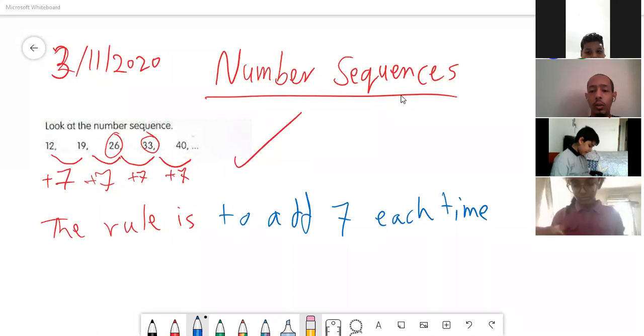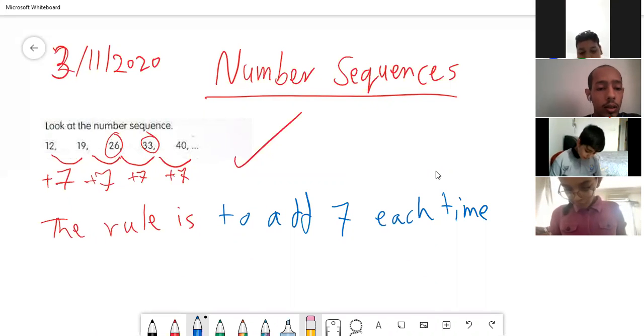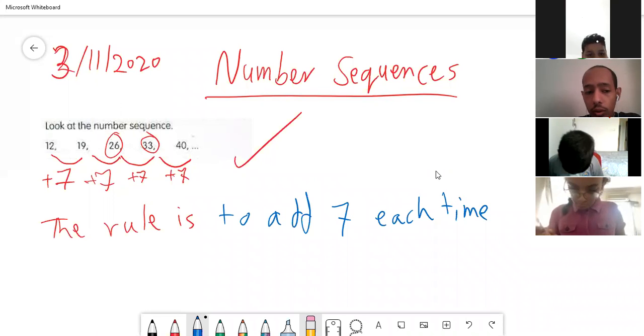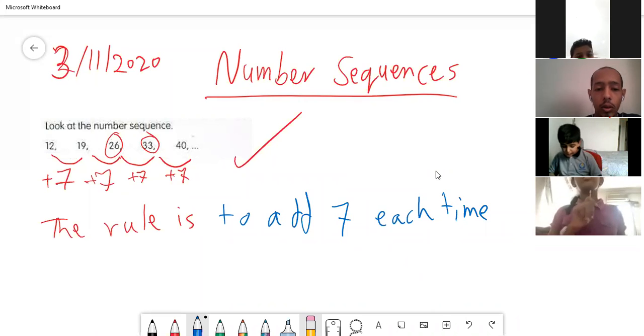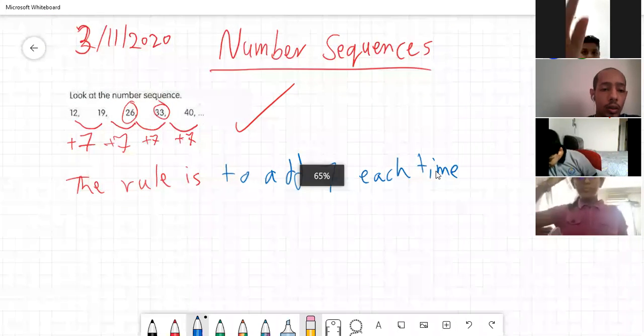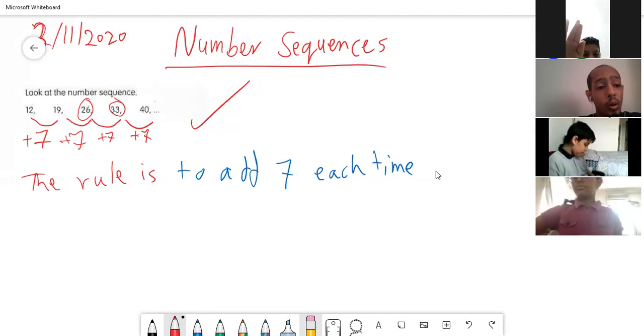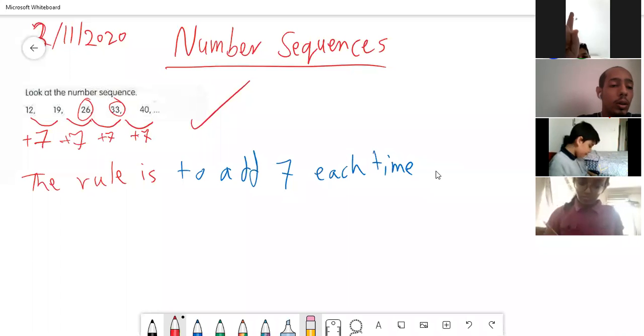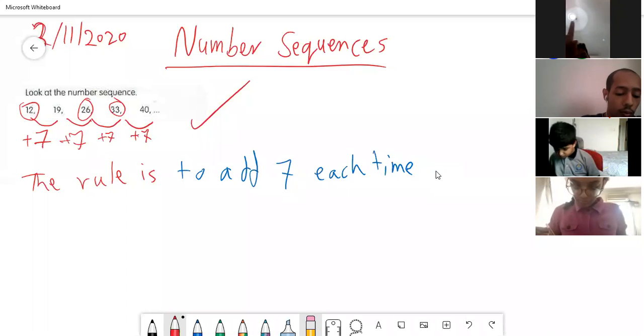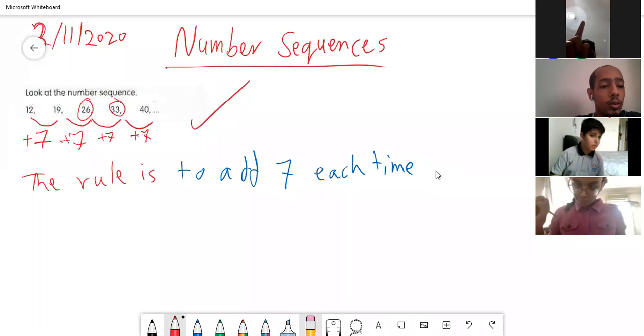Guys, if you look here, you can see this sequence is like multiples of 7 because each time we are adding 7, 7, 7, right? So we can say this is a multiple of 7 as well, but we haven't started from 7. Instead, this sequence started with 12.